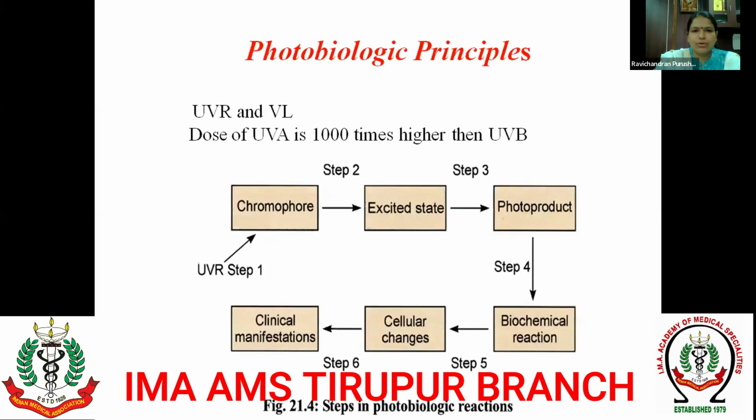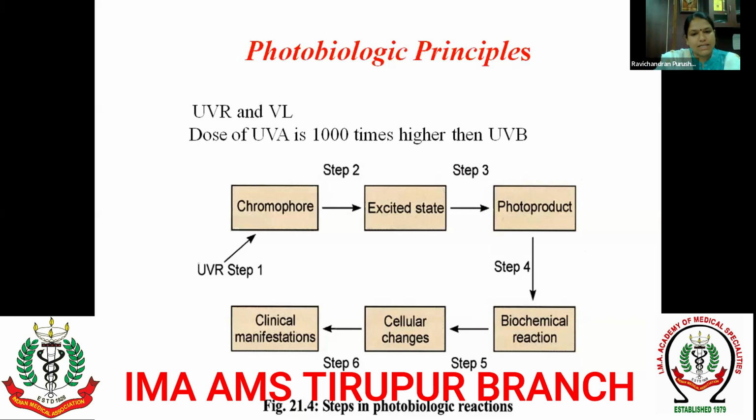What is the photobiological principle? Chromophores present in the epidermal and dermal layers absorb the radiation when it falls on our skin. Once the ultraviolet radiation is absorbed, the electrons move to a higher level and reach an excited state, which can be a singlet or triplet state.